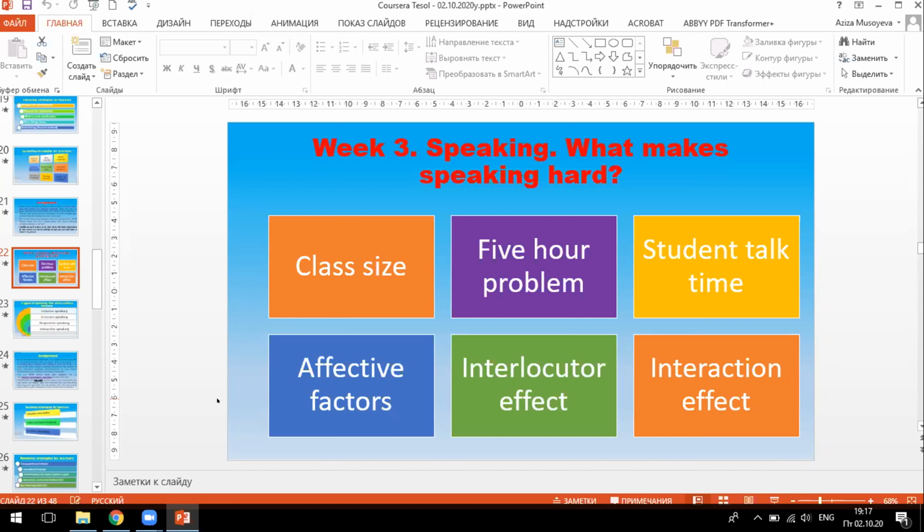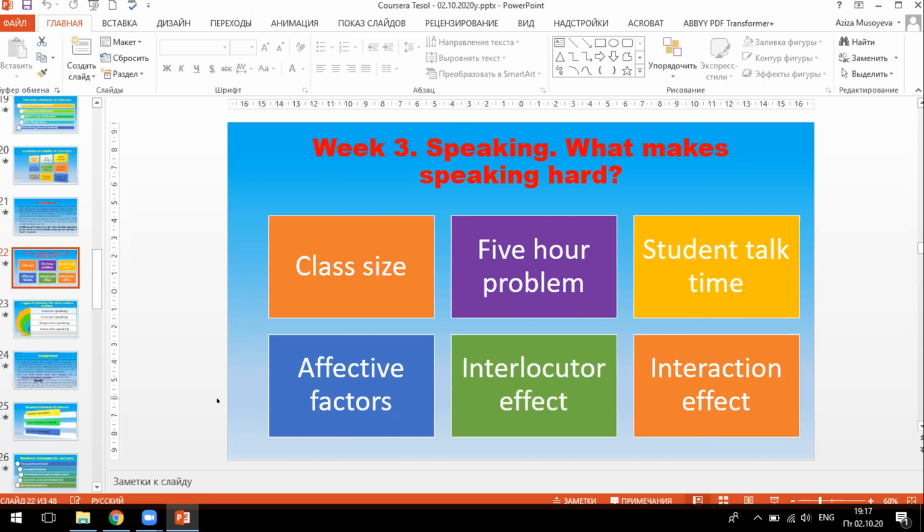It means you have already spent maybe 20 minutes, but each student talked just 2 minutes. You see, that's why you can increase student talk time by giving them more pair work or group work, where they speak with each other, not just asking one question at a time.